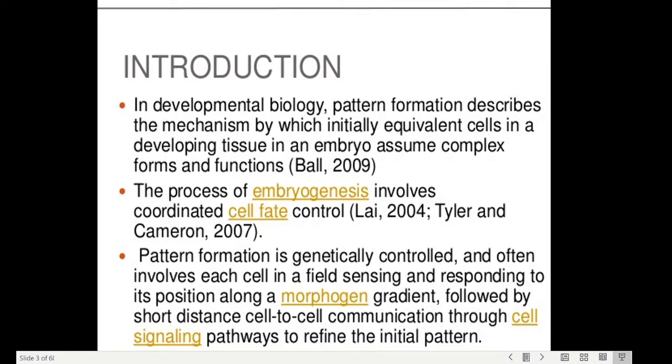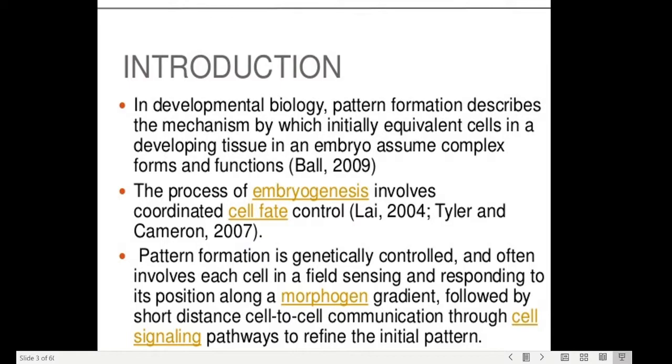Those are already fixed by nature. Those cells are not able to form some other tissues or other parts. That is cell fate control.